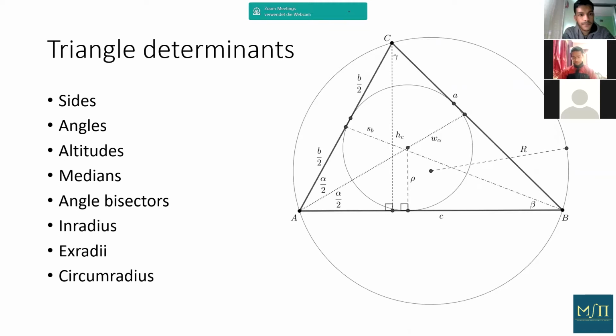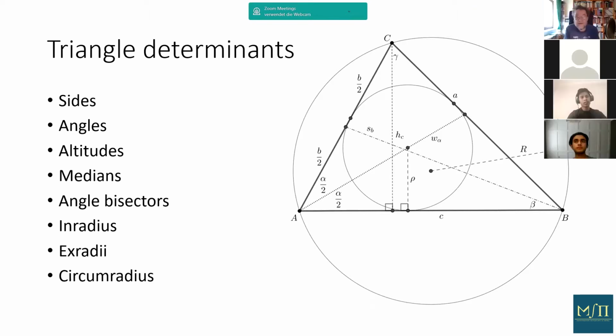But then there are other combinations of triangle determinants that we can use, where finding a possible construction with Euclidean methods is not at all trivial. And actually, I find that quite interesting, because finding these constructions requires the use of some fairly sophisticated tools in Euclidean geometry. And I have a few of the tools listed that I'm going to be using in the constructions coming up today.